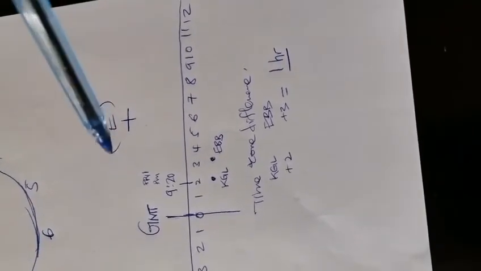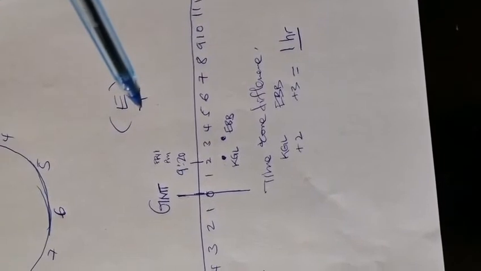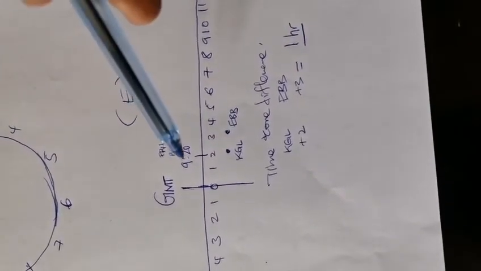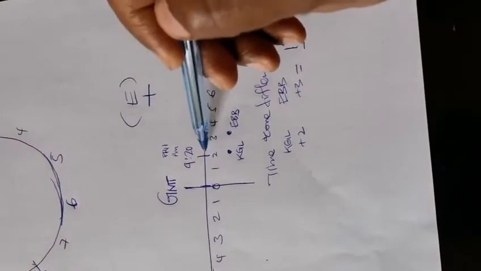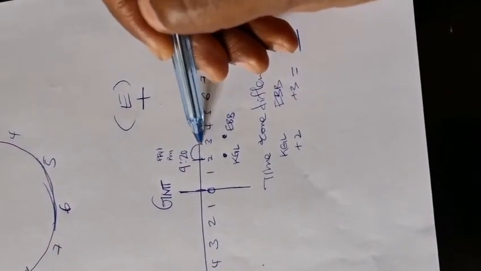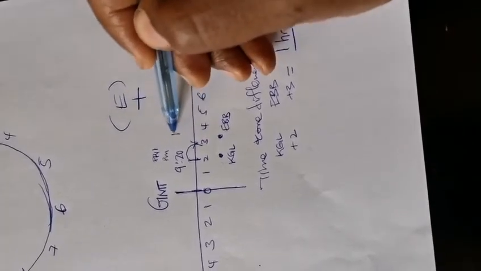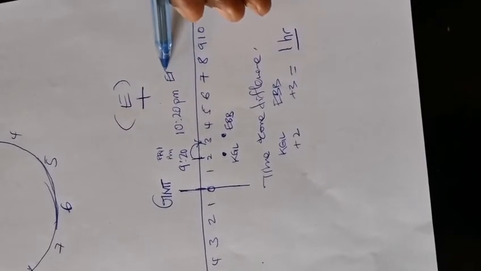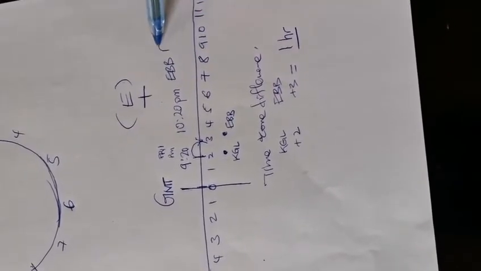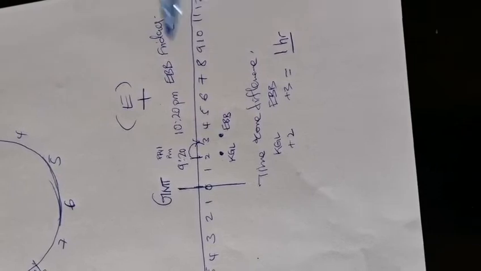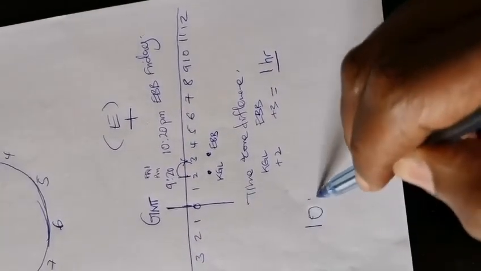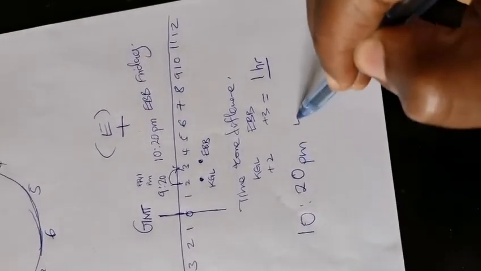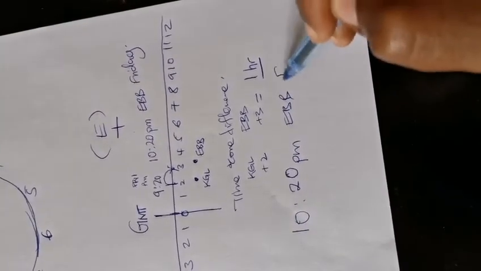Since the time we are finding is ahead, we are going to add this time zone difference to the time we have, the KGL time. So when we add plus 1 hour, it lands us at 10:20 p.m. EBB time on Friday. So our final answer is 10:20 p.m. EBB on Friday.